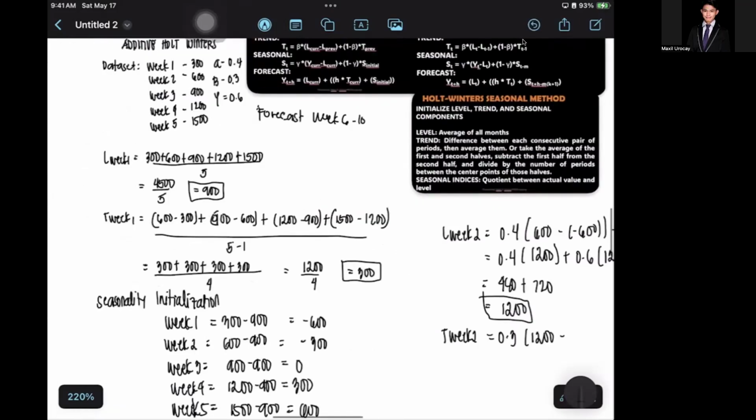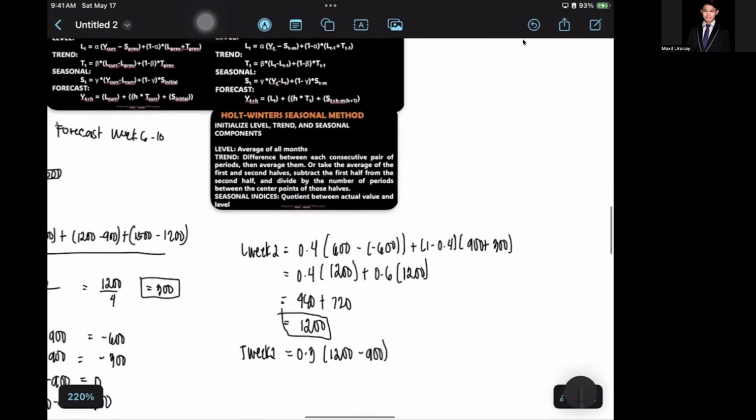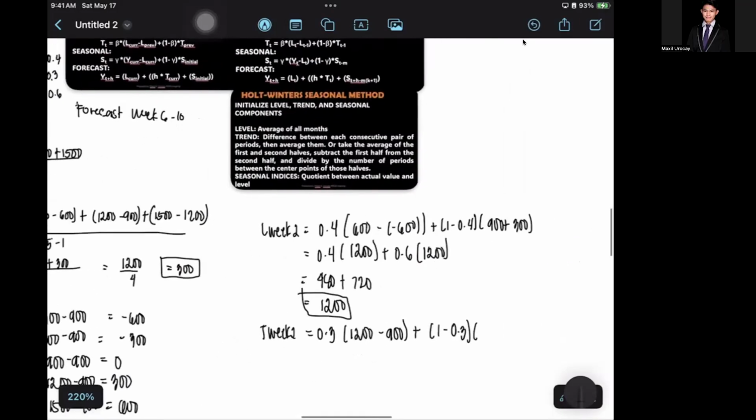The previous level that you do have is 900. And then plus the parameter 1 minus 0.3, and then times the previous trend. What is the previous trend that you do have? Negative 600. Okay? That's how you will deal with that.